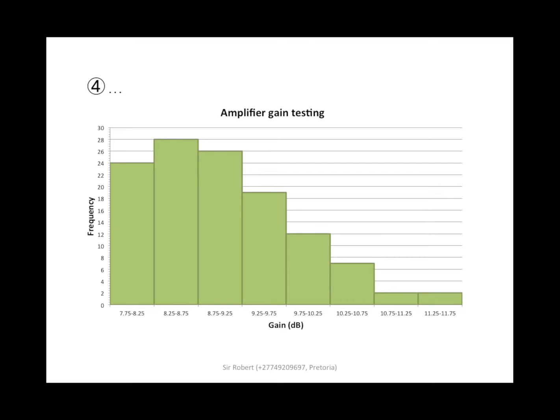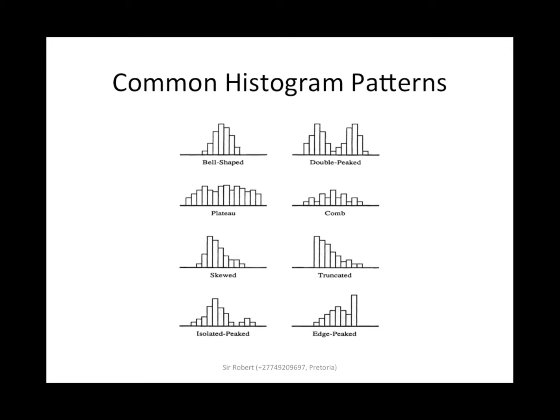It was a bit longer and more difficult to do, but I'm sure once you do such a question, any type of histogram that comes along you will be able to cover. So, common histogram patterns. You can see this is bell-shaped.